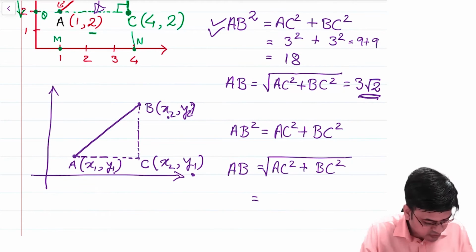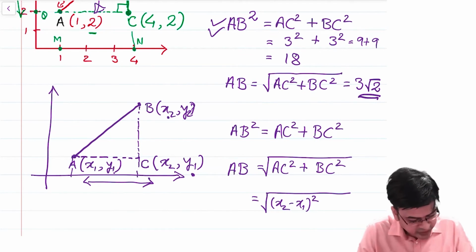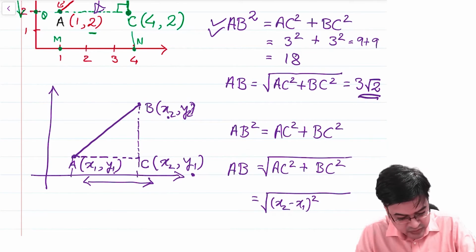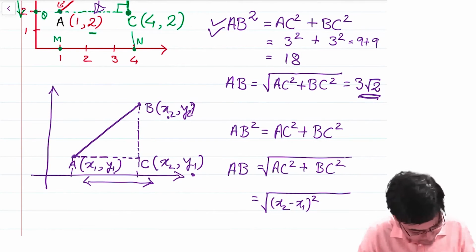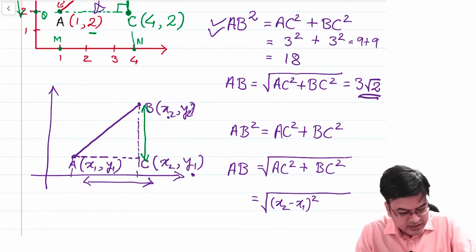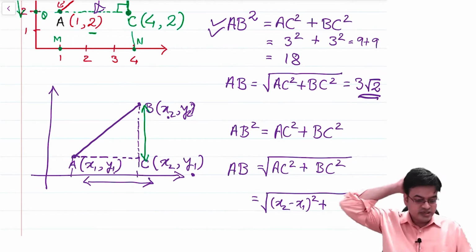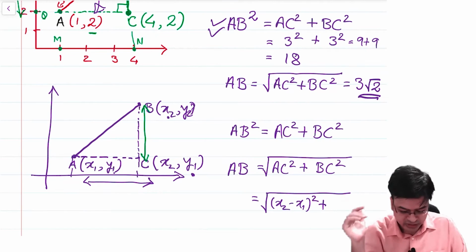The length of AC will be simply this length, that is x2 minus x1, so it will be x2 minus x1 the whole square. And what is the length of this particular side? The length of BC will be y2 minus y1, the whole square.